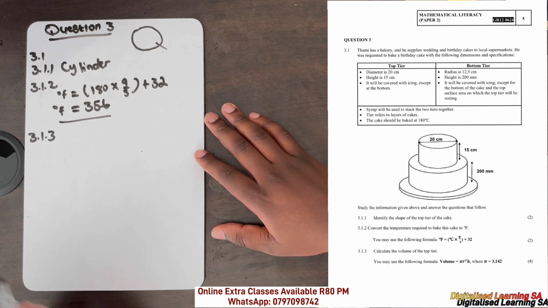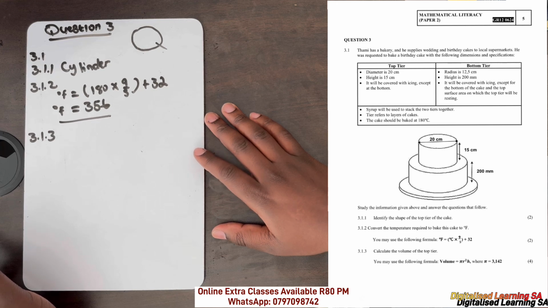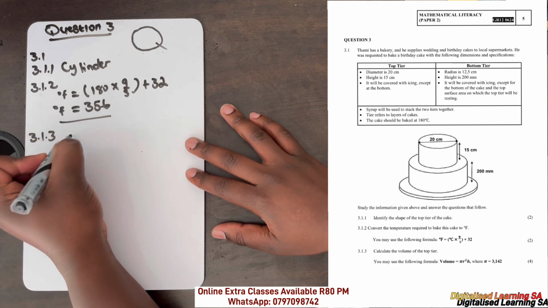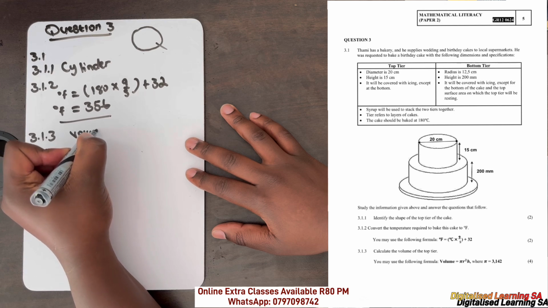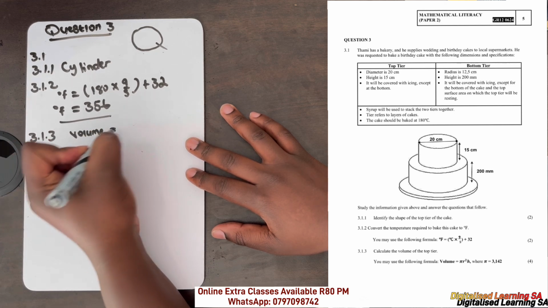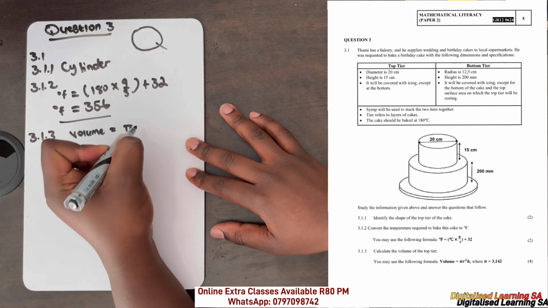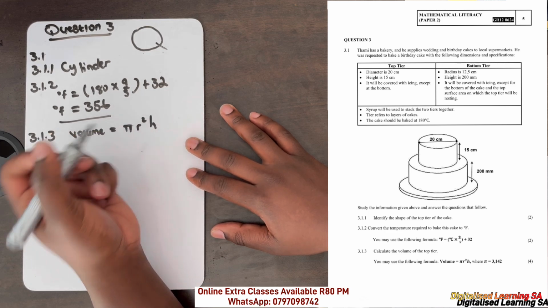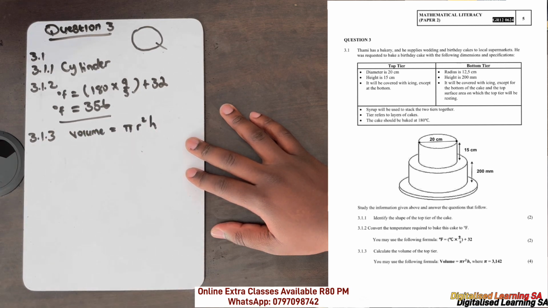So we are going to calculate the volume of the cake on top, and we are also given the formula to do that. Our formula is volume equals pi r squared multiplied by height.